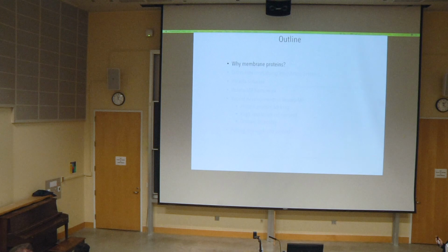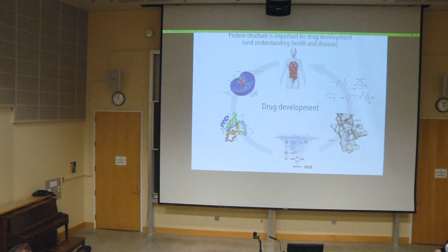So let's get started. Why membrane proteins? In the first place, since you're a chemical engineering department, a lot of you are studying material science or other different types of aspects. Protein structure is important for drug development and understanding human health and disease. Proteins are basically the basic machineries that pretty much accomplish anything in the cell.